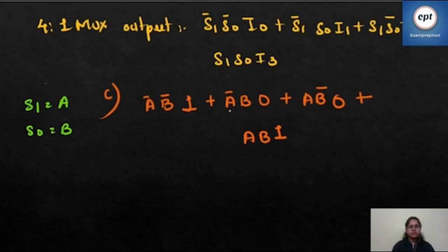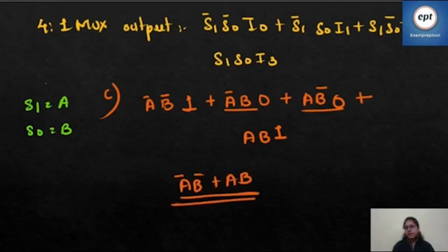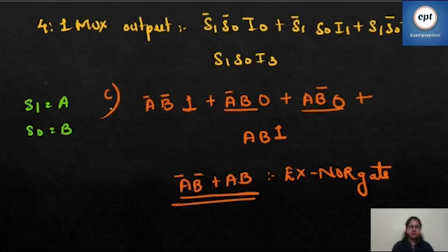Okay, now this and this term will be 0. So what is the form? A bar, B bar plus AB. This is what we got, and this is exactly the XNOR gate, which is required in the question. So option C is the correct option.